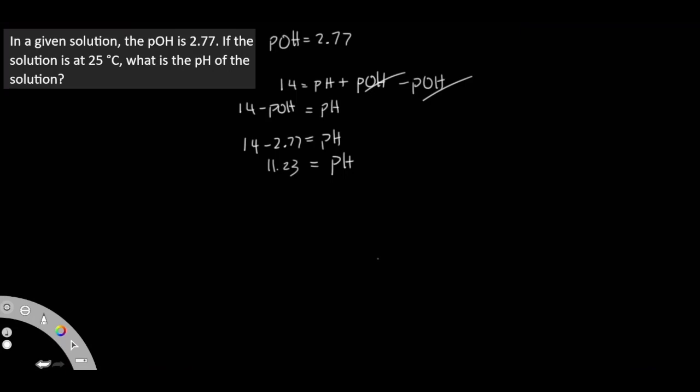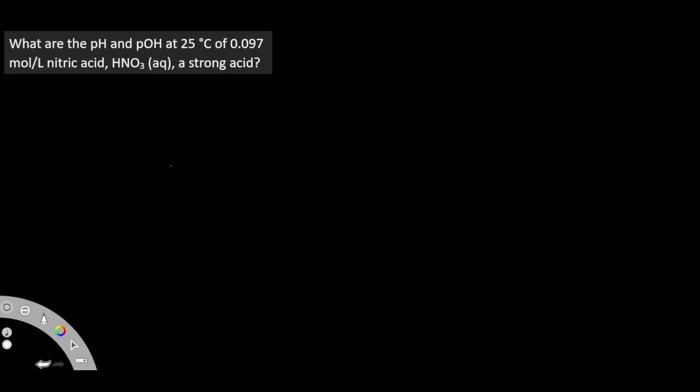That is the answer. What are the pH and pOH at 25 degrees of 0.097 moles per liter of nitric acid, HNO3? This here is a strong acid. Well, let's put our formulas that we know we need to use. We know that we need to use this one. What other formulas do we know that we can possibly use?